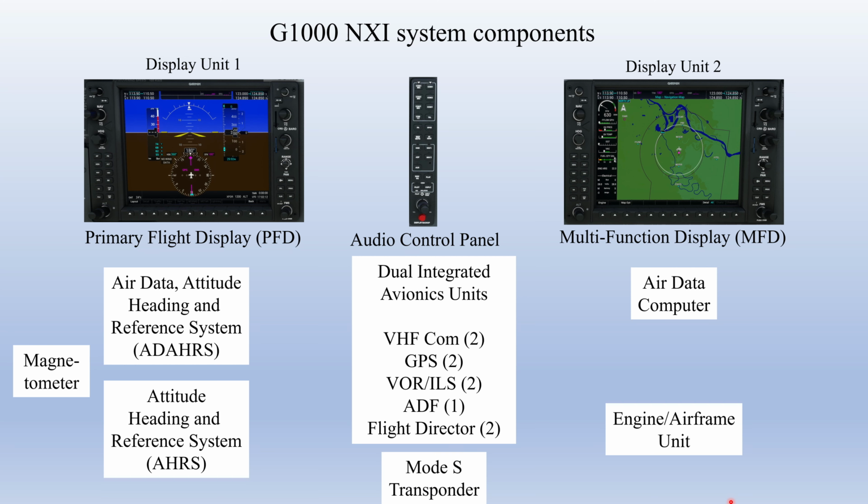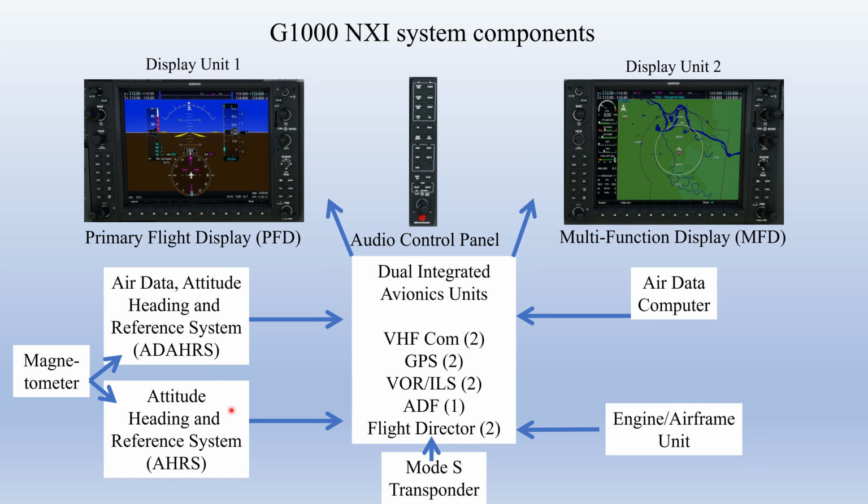And the system also contains a Mode S transponder. The magnetometer feeds its heading data to the AD/AHRS and the AHRS, and then the rest of the components feed their data to the dual integrated avionics units, which then create images to display on the 2 display units.